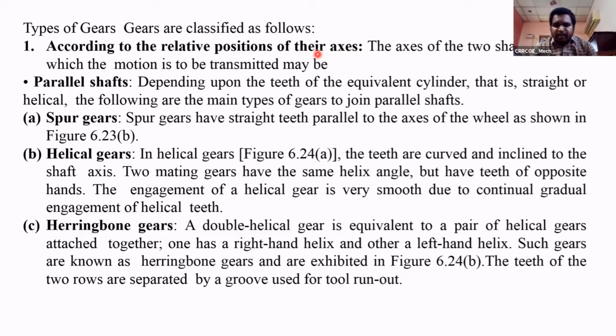If two parallel shafts are connected with the help of gears to transmit motion, then the gears are classified into spur gears, helical gears, and herringbone gears.